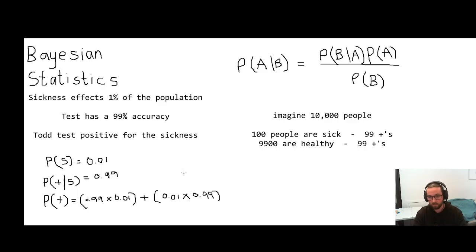What they're actually asking us is what is the probability of them being sick given a positive result. So plugging in all these values using our equation, it's going to be 0.01 times 0.99 times this stuff, which I won't write in, but it's going to be this whole thing here.